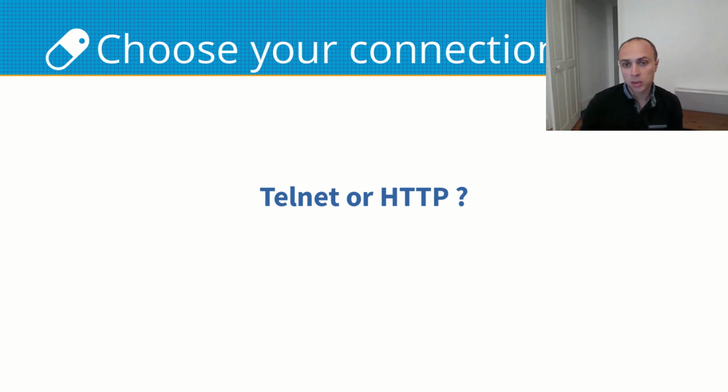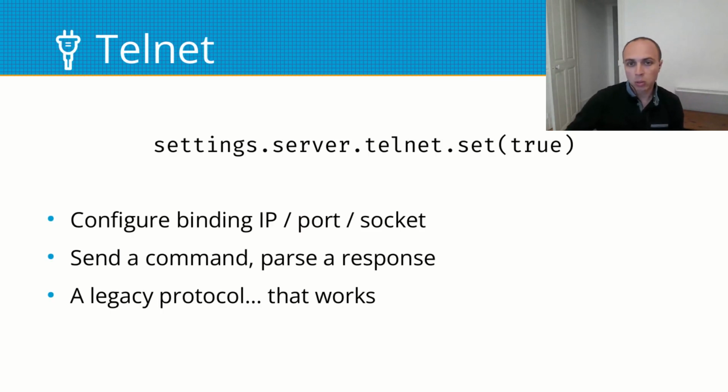So currently Liquidsoap supports both telnet and HTTP. Well, the telnet is the legacy method. It's just a setting to enable, and we can force the IP address it will listen on, or the port, or even listen on a Unix socket.